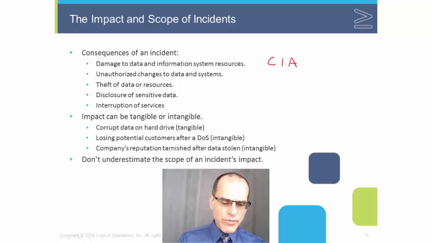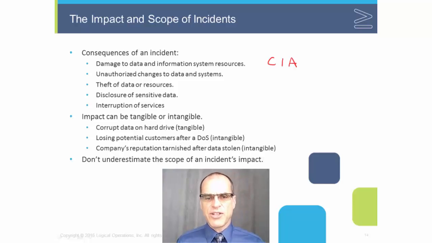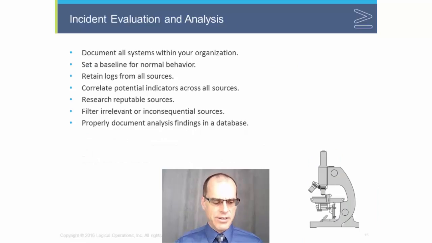So we don't want to underestimate also the scope of the impact to the organization, because we know that the impacts could be widespread, and we need to really look at the organization very broadly, looking at all the different aspects of the organization to determine how it may have been impacted by the incident.